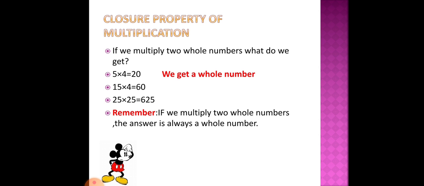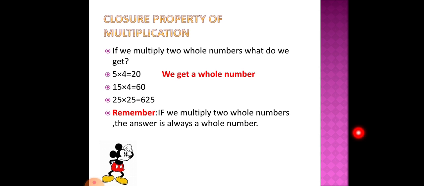Closure property of multiplication. If we multiply two whole numbers, what do we get? Again, whole numbers. 5 multiplied by 4 equal to 20. 15 multiplied by 4 equal to 60. 25 multiplied by 25 equal to 625. All these numbers are whole numbers.